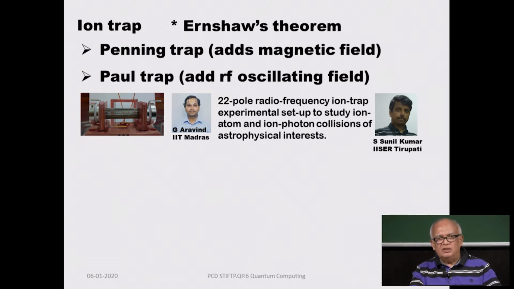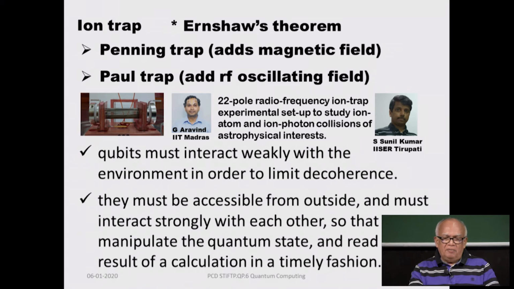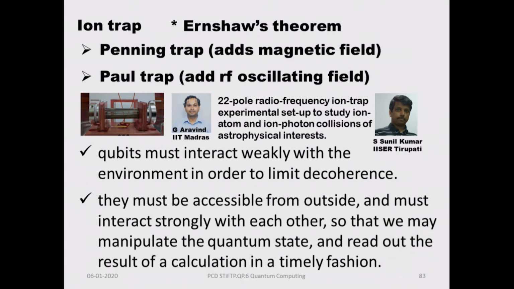They are not in this business at all. They are doing some other kind of physics which is very exciting, the study of ion photon collisions of some astrophysical objects and so on, photo detachment, and other kinds of experiments. But you need similar tools, similar devices. And these devices, of course, can be built. There are people who do it.